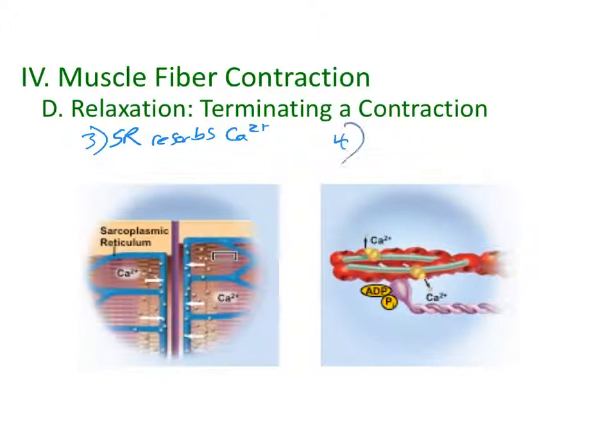Without calcium in the sarcoplasm, you then have troponin no longer attached to calcium, and so then tropomyosin can then block the myosin binding site of actin.